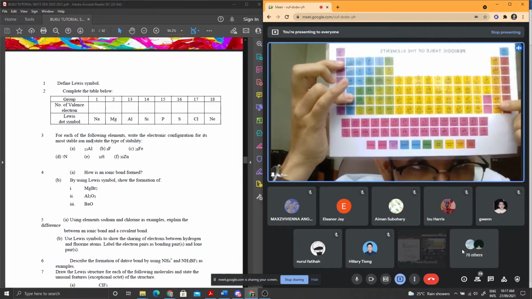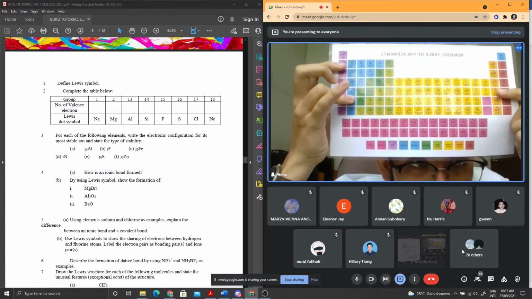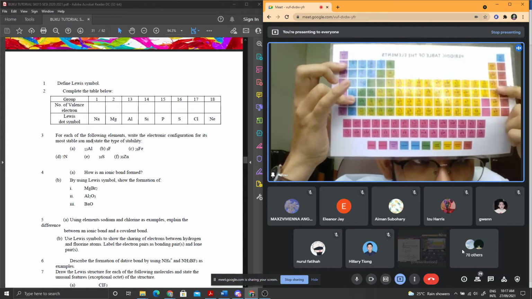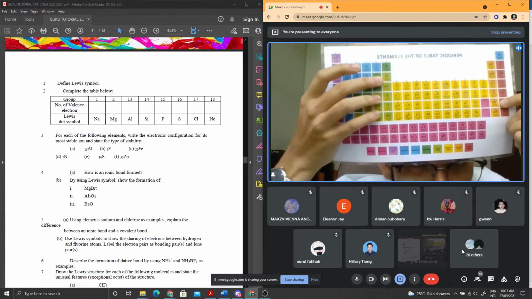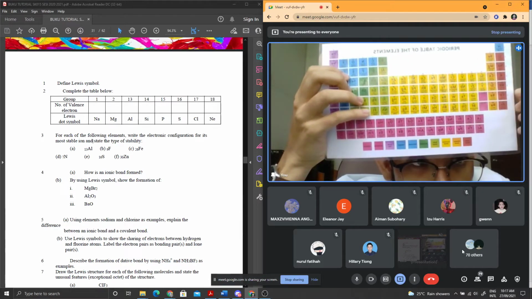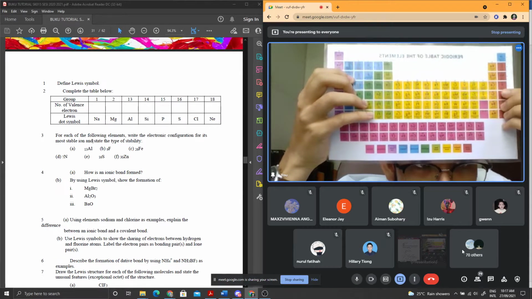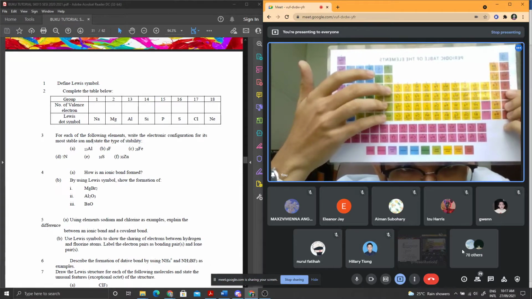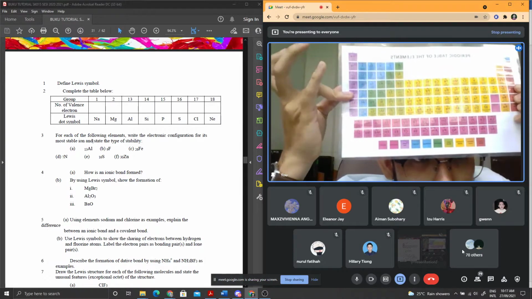These are alkali metals that really like to donate, and this area here really likes to accept electrons. So if you see an element from here reacting with an element here, most likely it is ionic.